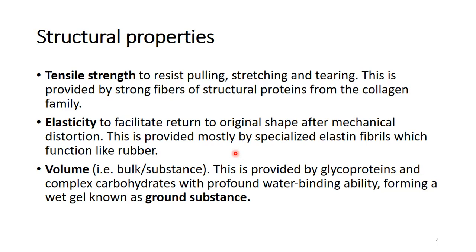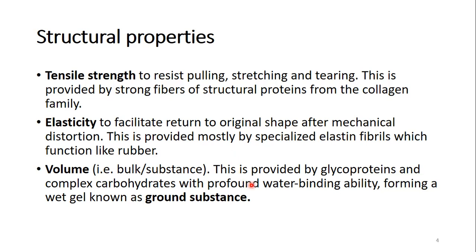Then apart from that, connective tissue also offers volume to organs and tissues. We find that if you remove connective tissue from the body, the mass and substance of the body reduces, and the bulkiness will reduce.